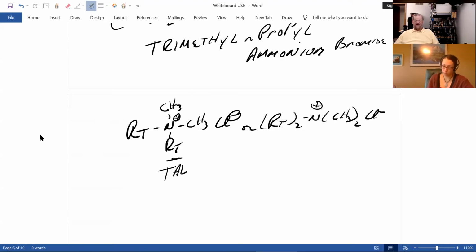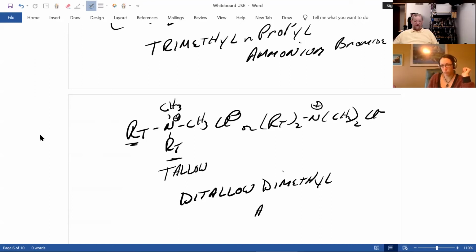And when we get into fats and oils, this is a tallow alcohol, or just call it tallow group, that means it has 16 to 18 carbons with and without a double bond, a mixture. And therefore, what is this called? Ditallow, because there are two of them, dimethyl ammonium chloride.